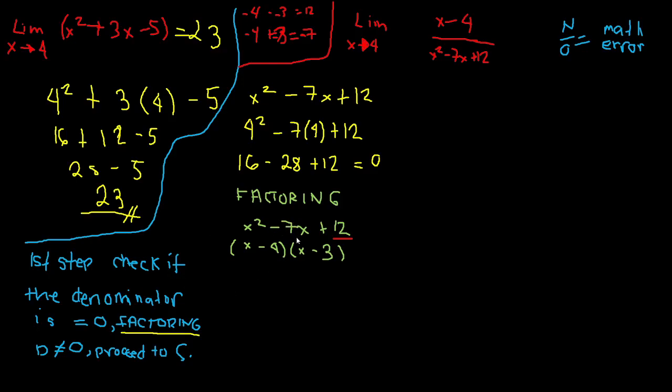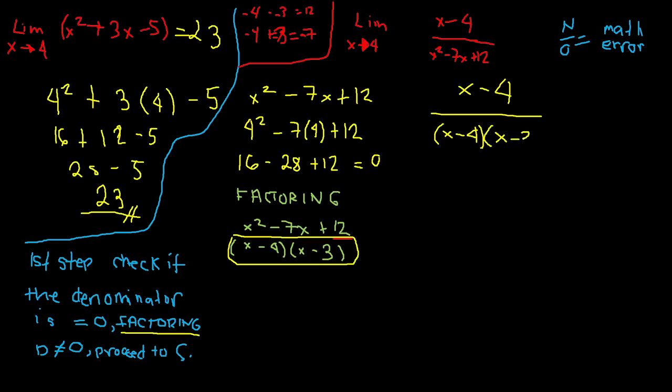evaluate. So ito na yung ating magiging denominator, di ba? Yun na factor na natin siya. So, going back dito, x minus 4 over x minus 4 times x minus 3, di ba?